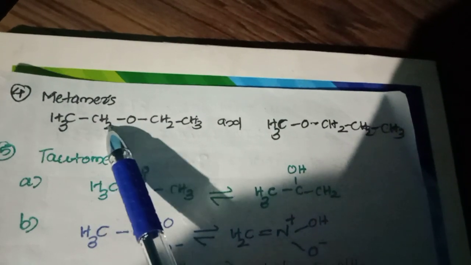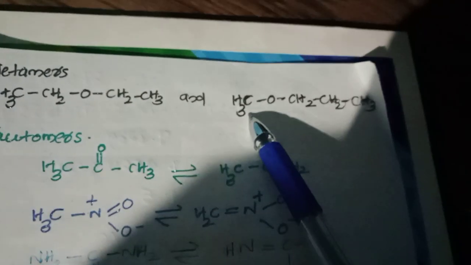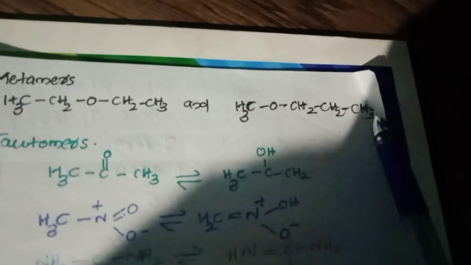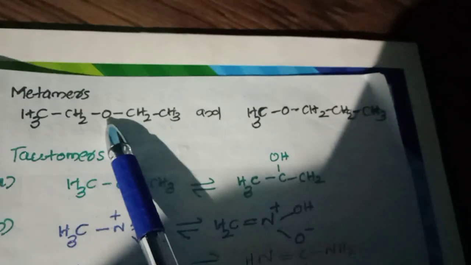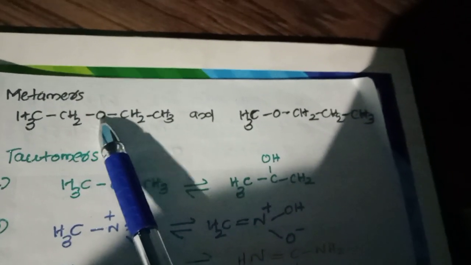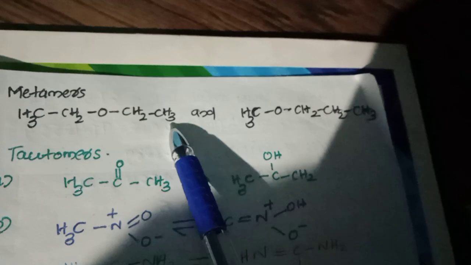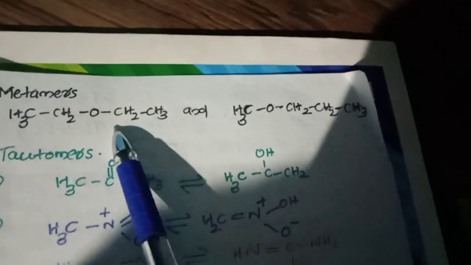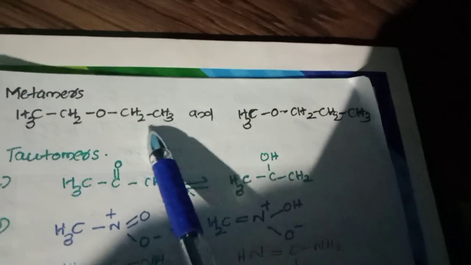Here on the left side CH3 only, and on the right side CH2CH2CH3. That is the way in which the atoms are arranged about the functional group. That type of isomerism is called metamerism, and these two are called metamers.